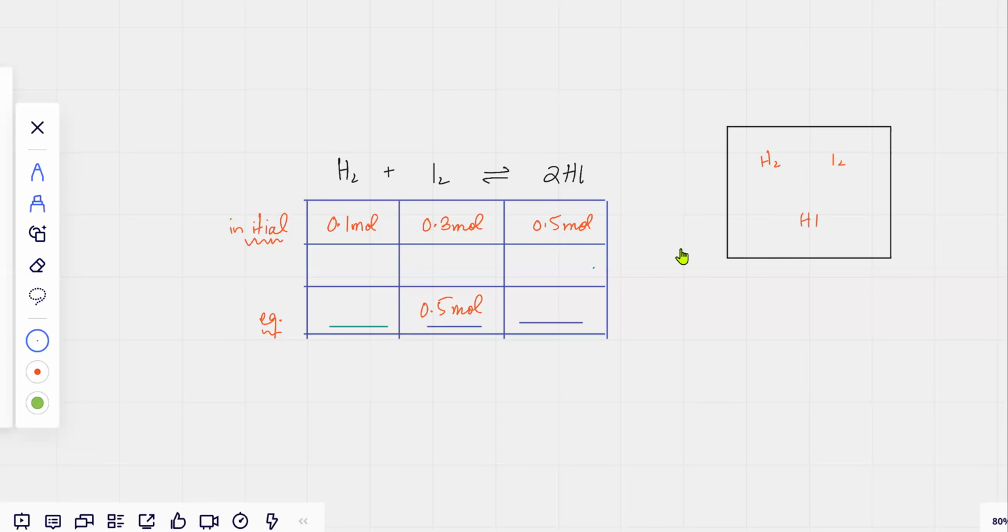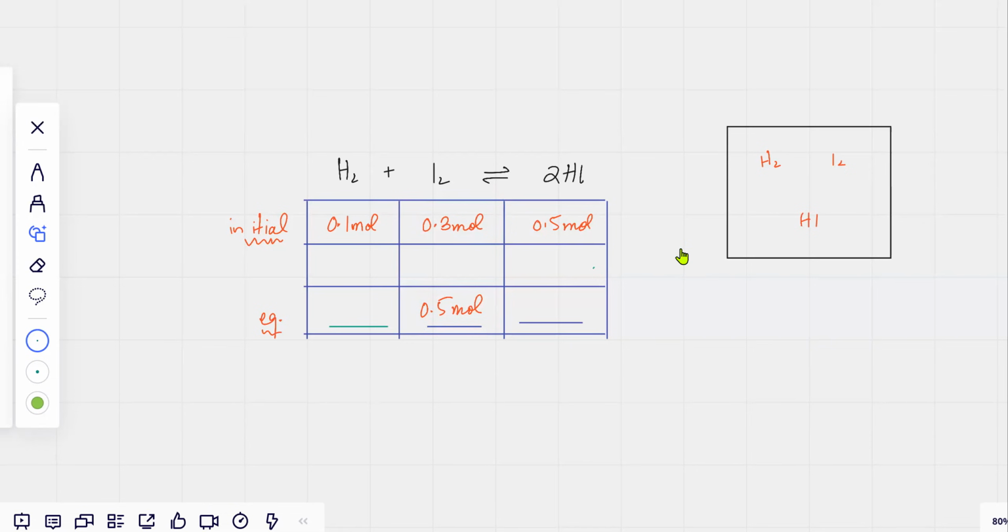Now we're going to fill the other table. That's the information; the red one is the information that's given. So I'm going to change the marker, and we're now going to try and figure out the values in the other boxes. I'm going to focus on this first. 0.3 moles of I2 were initially added, and now you have 0.5 moles.